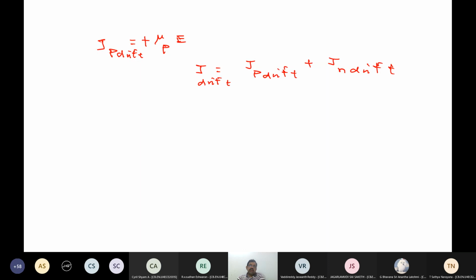So let us assume that in a semiconductor both these mechanisms exist, in which case the total current will be the sum of the two currents, diffusion current and drift current.